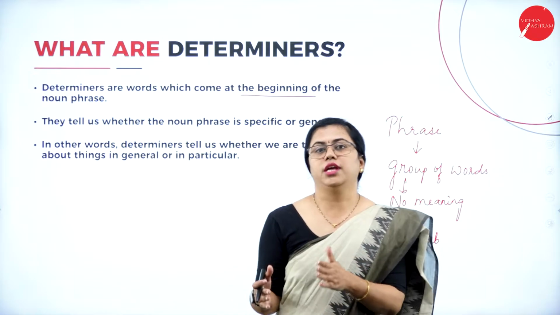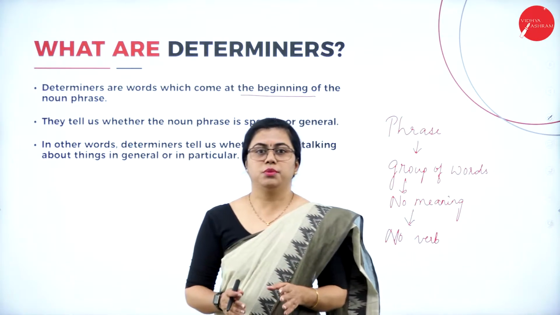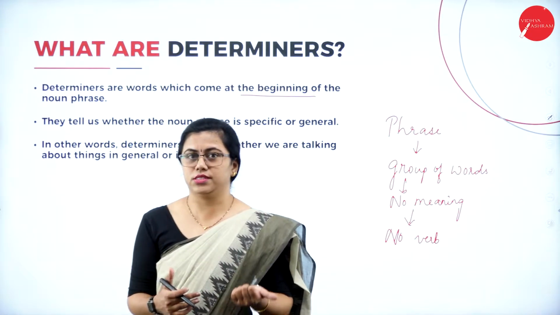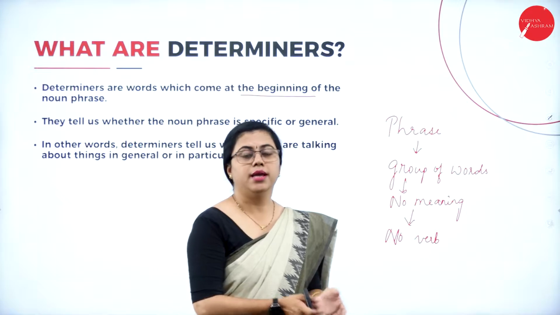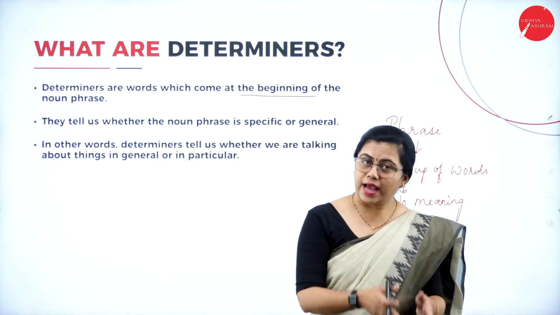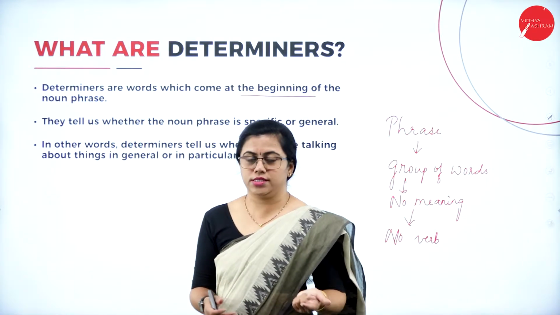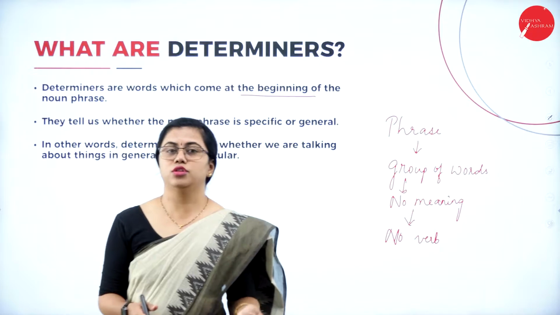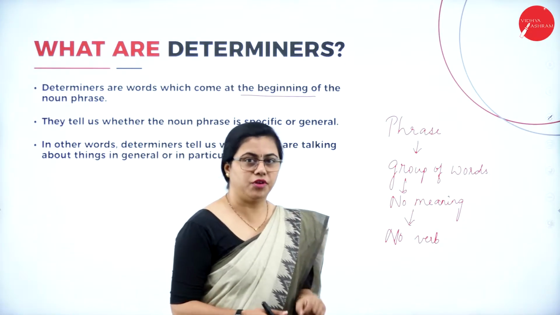Do not confuse a phrase and a sentence. Do not get confused between a phrase and a clause. Phrase and sentence are both groups of words, but a phrase does not have a meaning, a sentence has a meaning. A sentence can also be called a clause, and a clause has a verb in it.